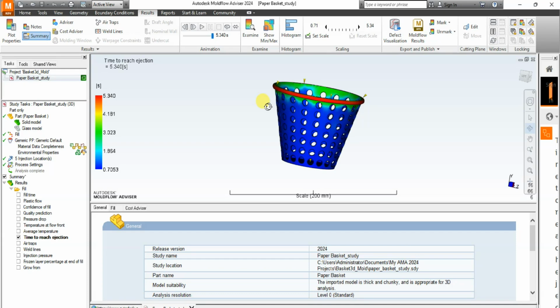The time to reach ejection temperature result can also be used in conjunction with the cooling time variance results to diagnose non-uniform cooling. So these are things that you really need to take note of as far as the time to reach ejection temperature is concerned.